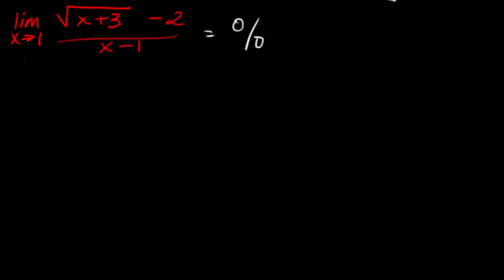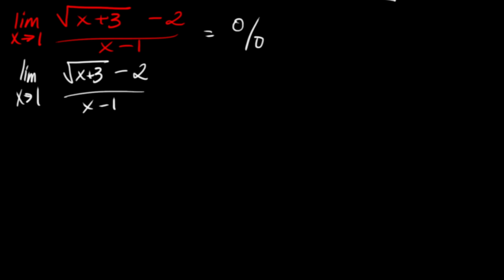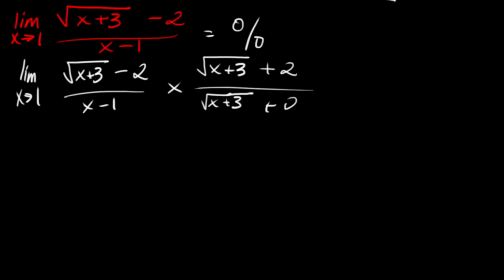So, in this case, we can write it as the limit as x approaches 1 of the square root of x plus 3 minus 2 over x minus 1, and we're going to multiply that by the square root of x plus 3 plus 2 over the square root of x plus 3 plus 2.